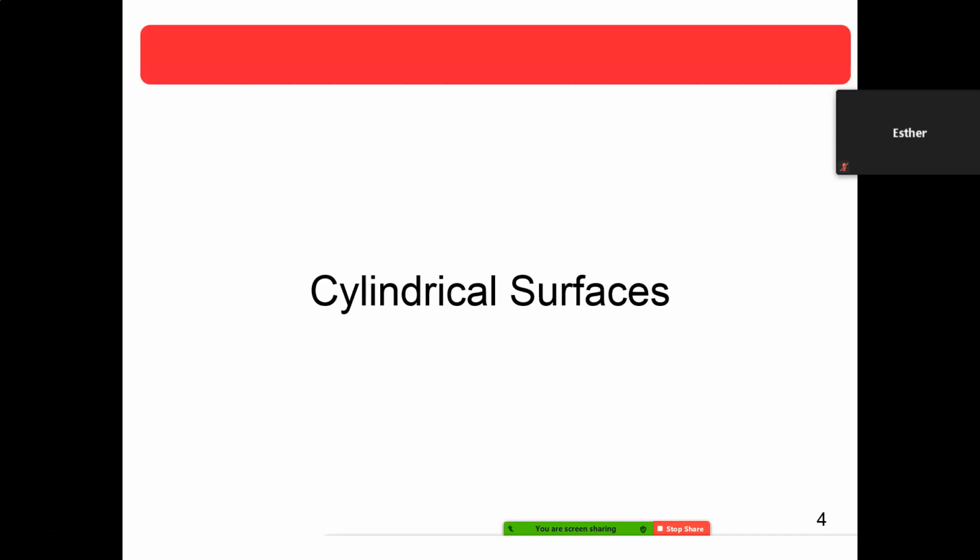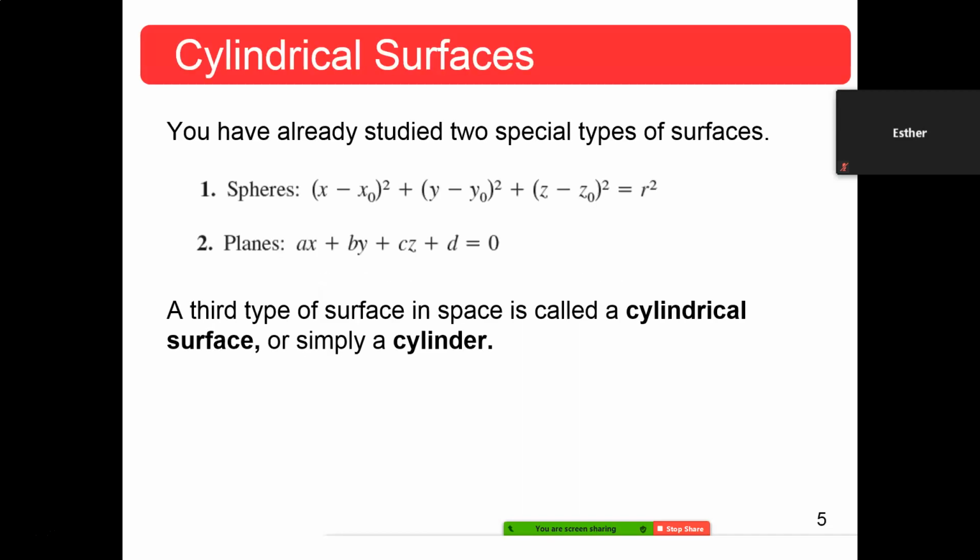And that would be true. But that has really nothing to do, well, a little bit to do with what a cylindrical surface is, but cylindrical surfaces do not need to be right, nor do they need to be circular. Just be cylindrical. Well, what do we mean by that?